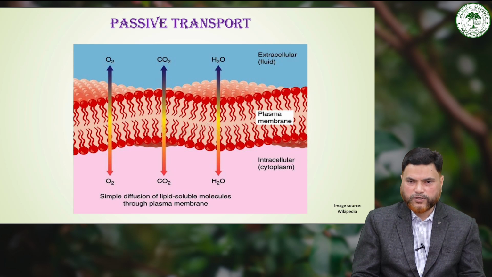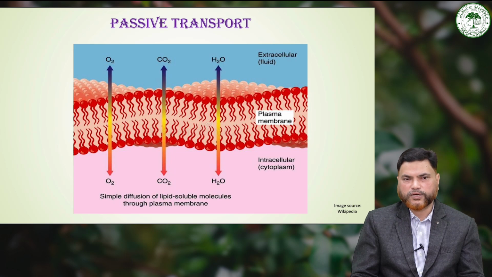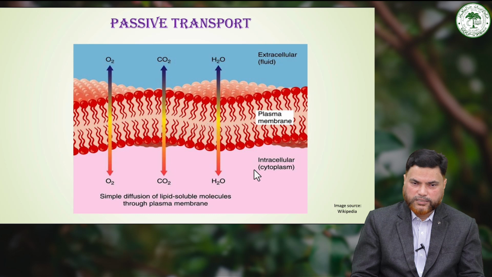In simple diffusion, solutes dissolve directly in the lipid bilayer, like oxygen and carbon dioxide, and diffuse across the plasma membrane without the involvement of membrane proteins. The direction of transport in simple diffusion is solely determined by the concentration gradient of the solute that exists inside and outside of the cell. You see in this figure, here it is cytosol and here it is extracellular fluid.